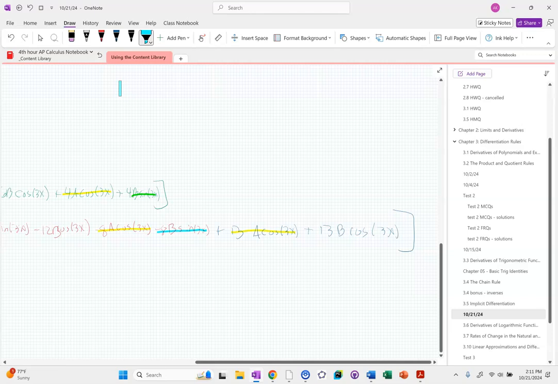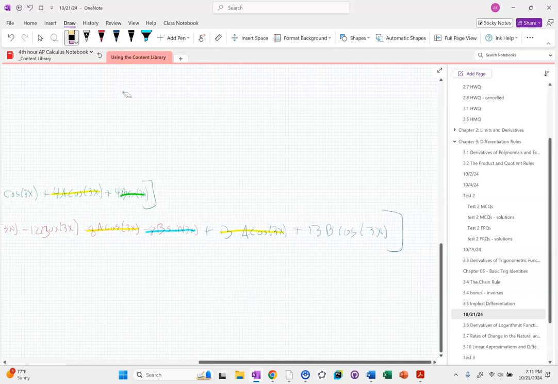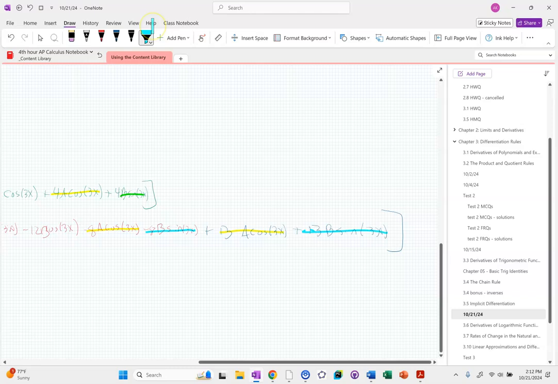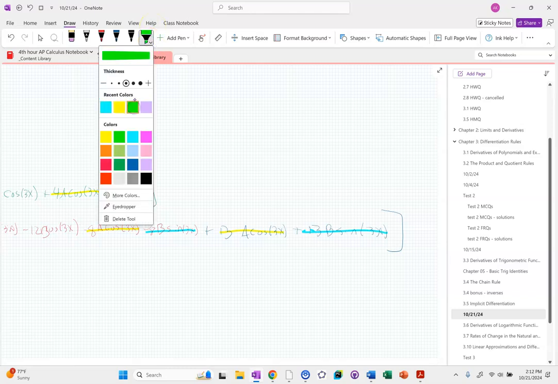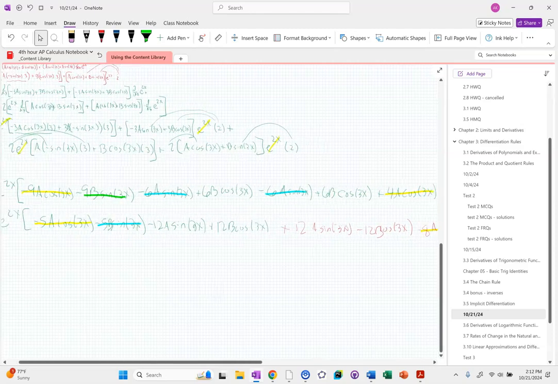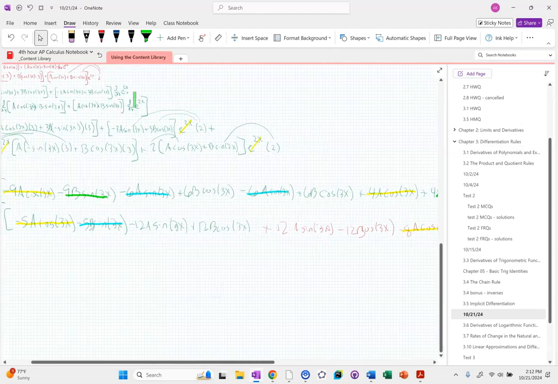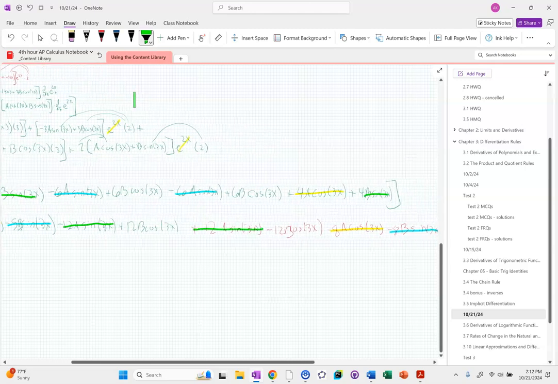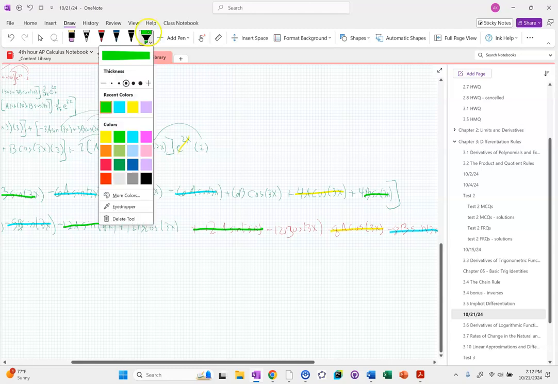And then, oops, I copied that wrong, didn't I? That's supposed to be a sine there. And then I have my positive 13b sine. Those are all gone. This is like an exercise in bookkeeping here. So I have negative 12a sine, and then a positive 12a sine. Those are all gone.